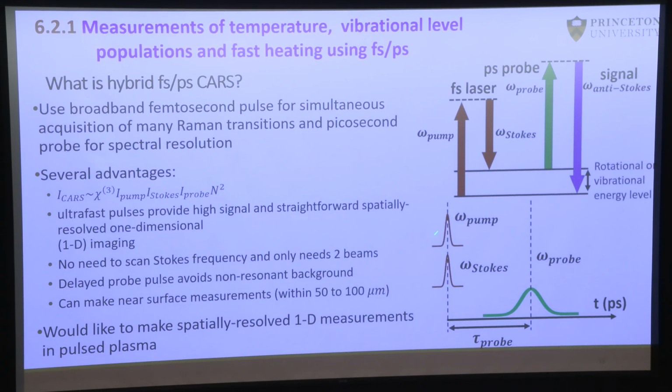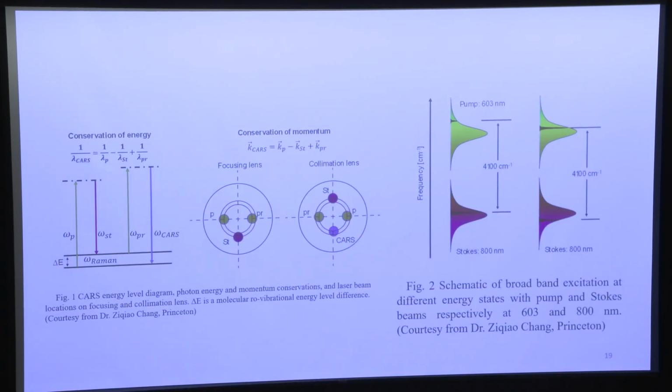Because it is coherent, the signal is much stronger than the Raman process, and it allows you to do a one-dimensional measurement. So you basically have 2 laser beams and 1 probe beam, and then you generate a signal. A lot of diagnostics have been developed, and the good point for a femtosecond laser is that it has broadband.